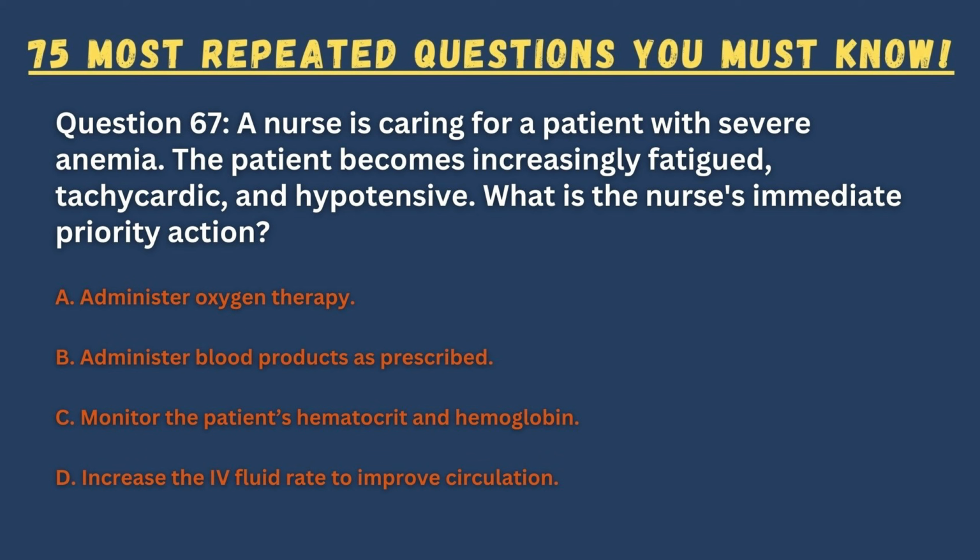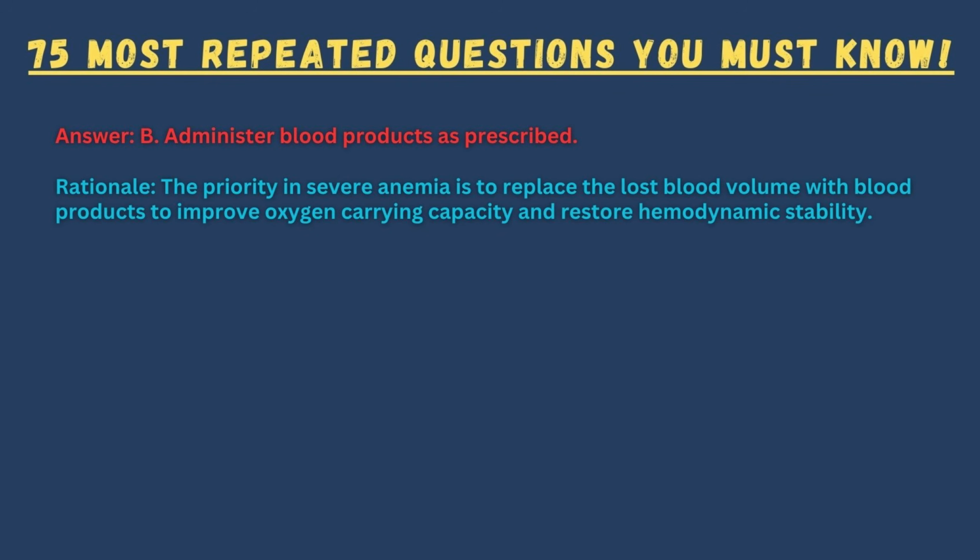D. Increase the IV fluid rate to improve circulation. Answer. B. Administer blood products as prescribed. Rationale. The priority in severe anemia is to replace the lost blood volume with blood products to improve oxygen carrying capacity and restore hemodynamic stability.